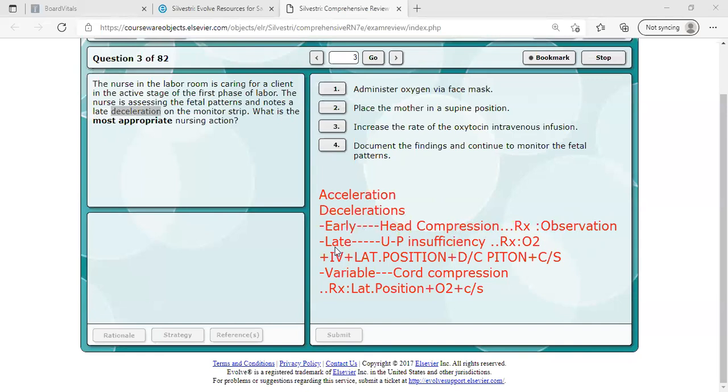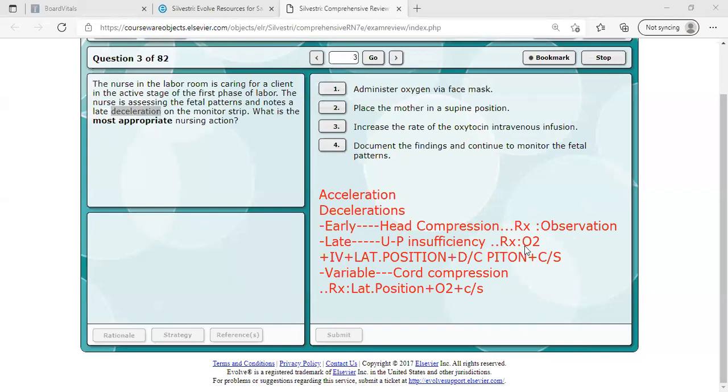If the baby has a late deceleration, when you check the fetal heart rate, it is reduced after the contraction. The reason for late deceleration is uteroplacental insufficiency. What are the treatment options?